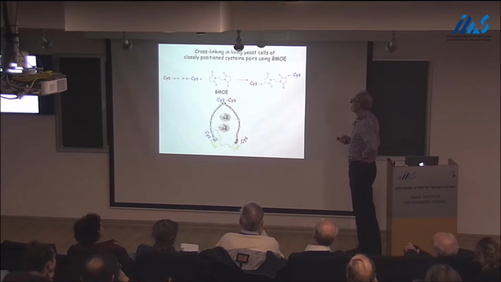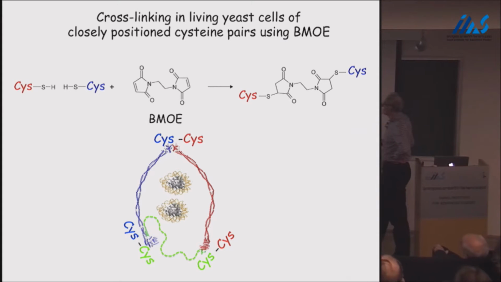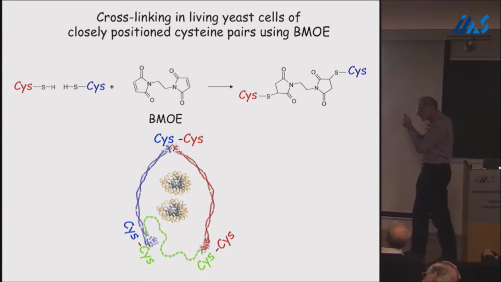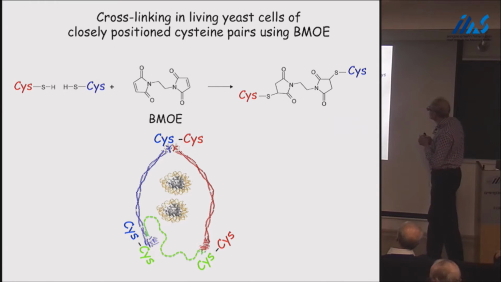And we chose one, particularly this compound here, BMOE, which will cross-link them if they're say 8 to 10 angstroms apart. So you need a crystal structure to get the cysteines in the right place.